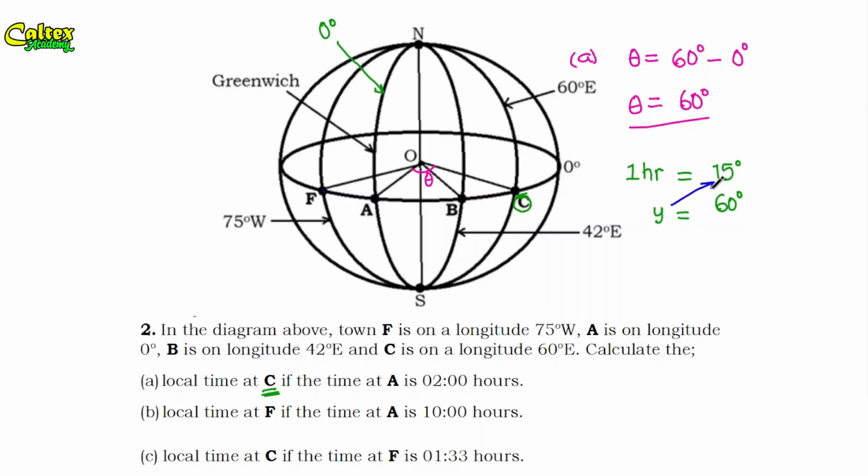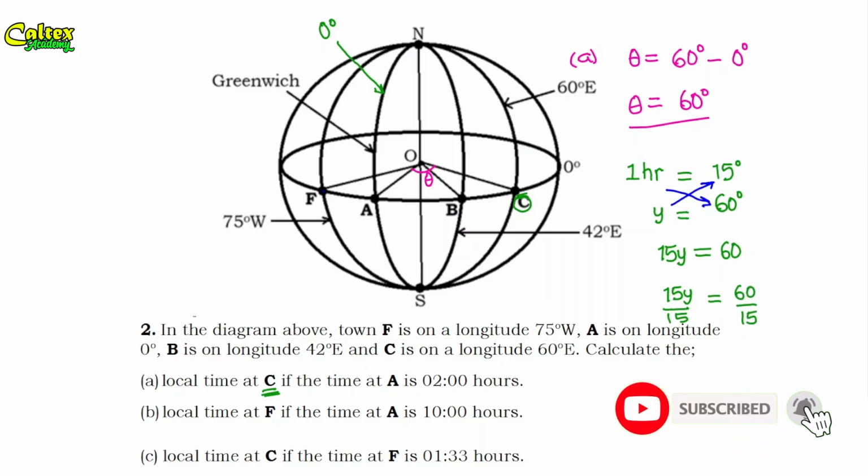Now we can cross multiply as we have done it before, and we get 15y is equivalent to 60. Maybe you can ignore the degrees because we just need to work without. Now the next is dividing both sides by 15 in order for us to get y alone. So here, the right hand side also 60 by 15. So the 15 crosses off and we get our y as 4 hours.